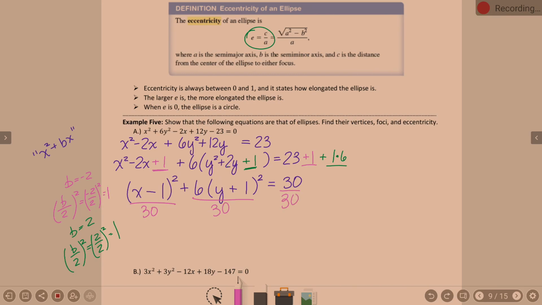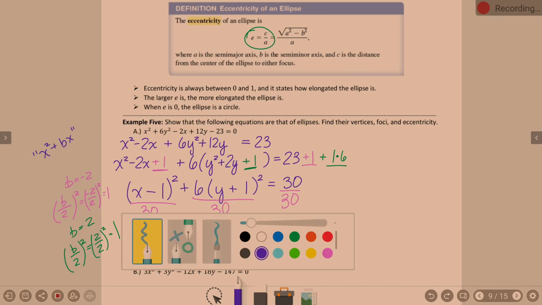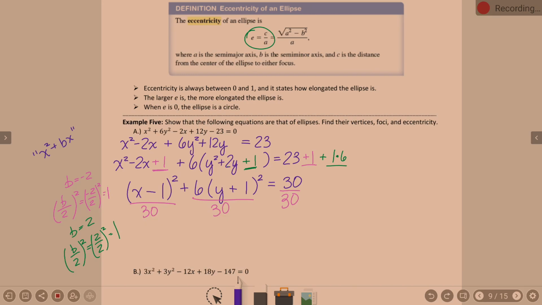Okay. x minus 1 quantity squared over 30 is just that. Plus, what do you know about 6 over 30? Reduces to be 1/5. So this is y plus 1 squared over 5 equals 1.